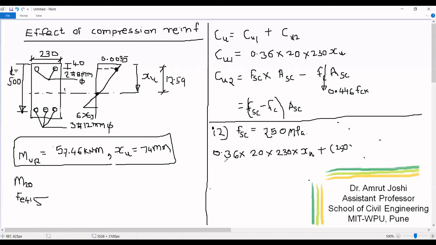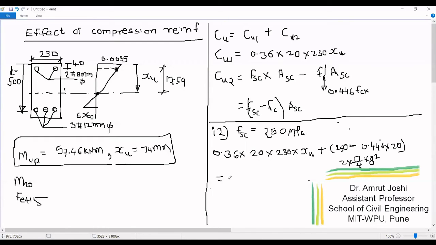So therefore compressive force is 0.36 into 20 into 230 into XU plus 250, which is FSC, minus 0.446 FCK into ASC, that is pi by 4 into 8 square into 2.